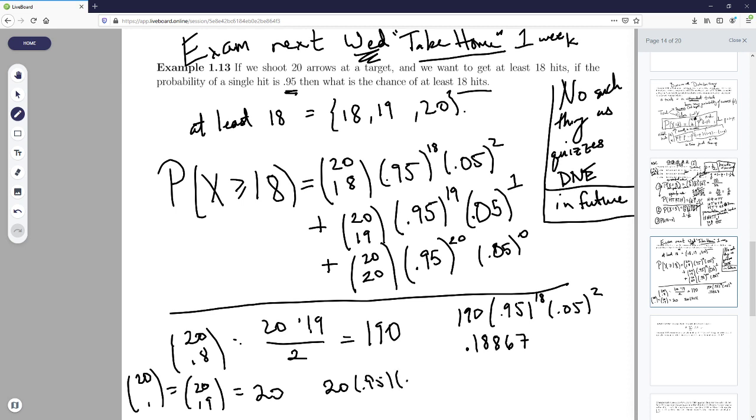So does anyone know what 20 times 0.05 is? It's not 4. It's 1. Is it 1? It is actually 1. Isn't this beautiful? Because now we have 0.95 to the 19th power, and the rest of it's just 1, so we can kind of ignore the rest of it. Oh, that's beautiful.